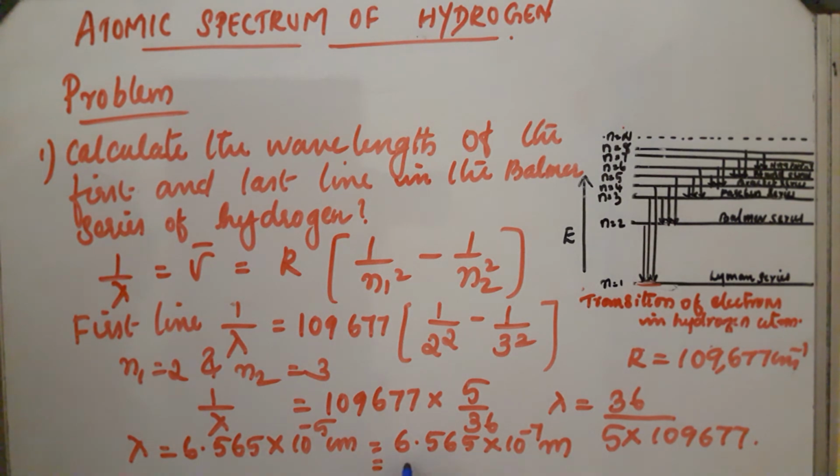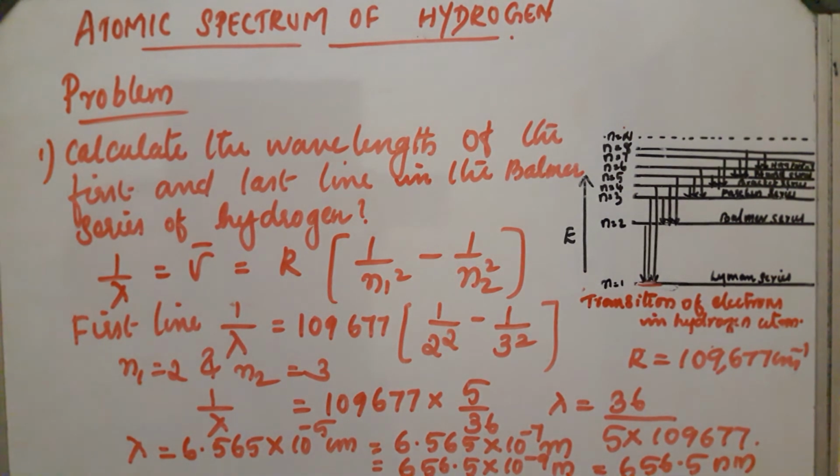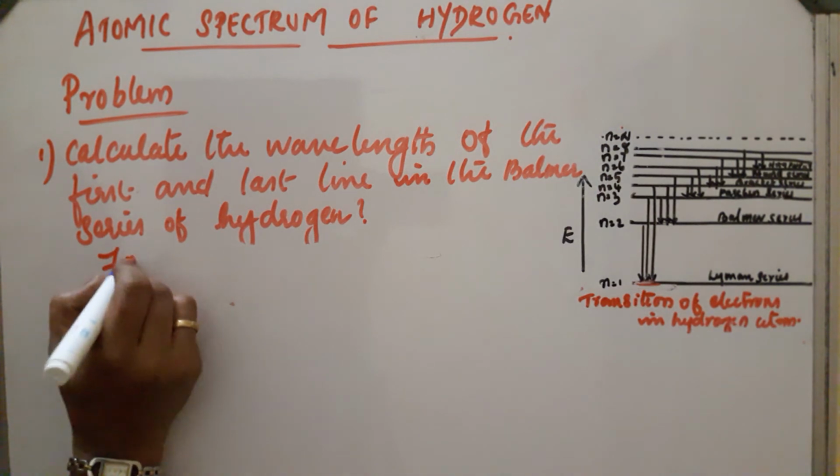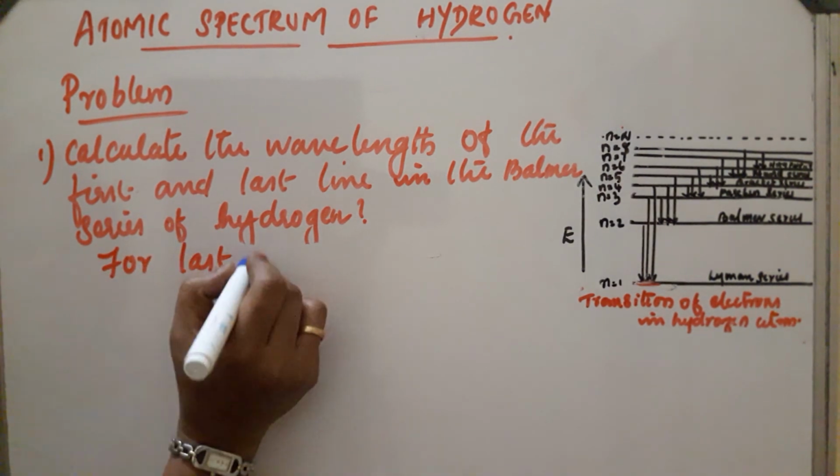Then convert it into nanometer: 656.5 into 10 raised to minus 9 meter, and 1 nanometer is equal to 10 raised to minus 9 meter. So 656.5 nanometer. This will be the answer, lambda, for the first line.